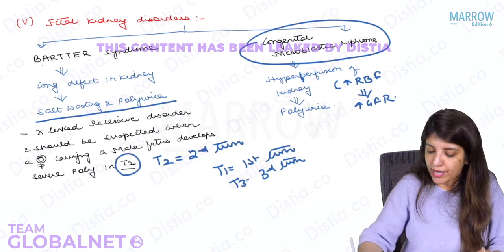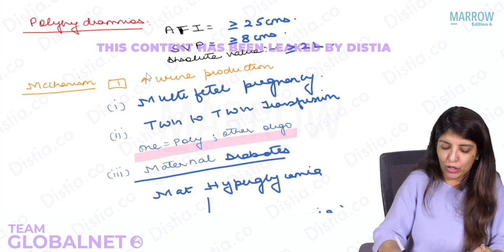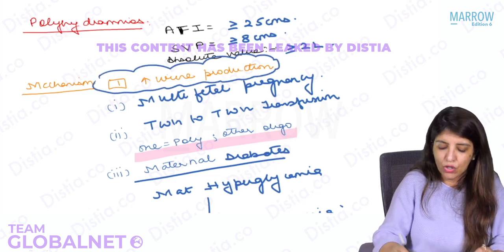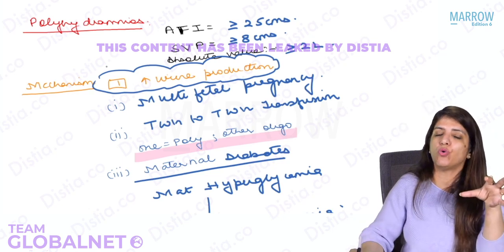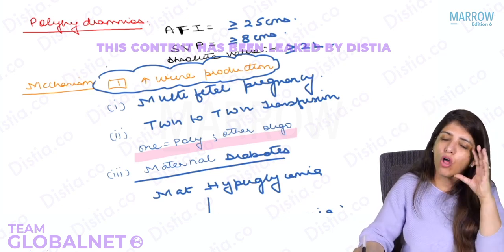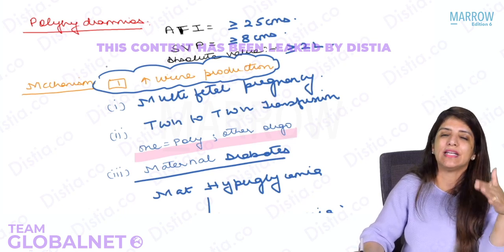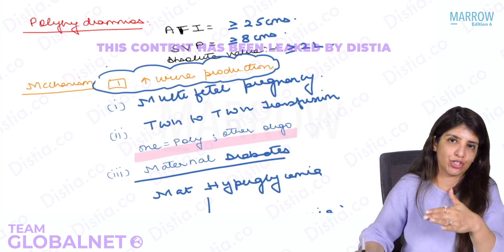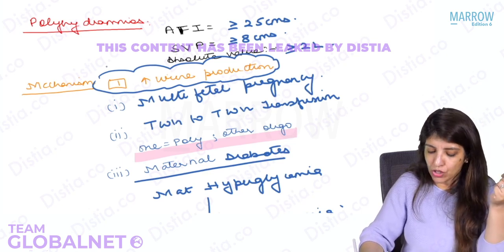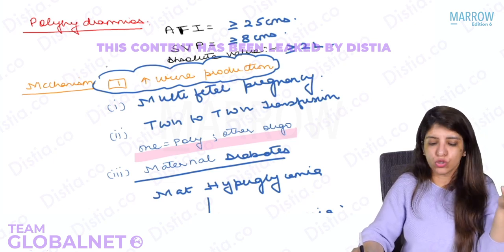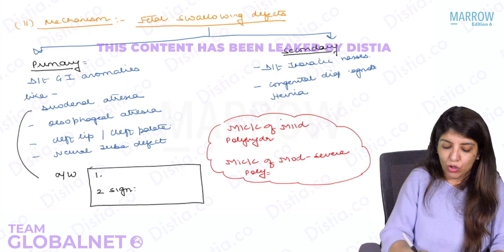Right? So till now, I have discussed with you only one mechanism for polyhydramnios, and that was increased urine production. All the causes which I have told you for polyhydramnios just now, the basis of polyhydramnios in all of them was increased urine production. Now, not only increased urine production, but polyhydramnios can also happen due to fetal swallowing defects.